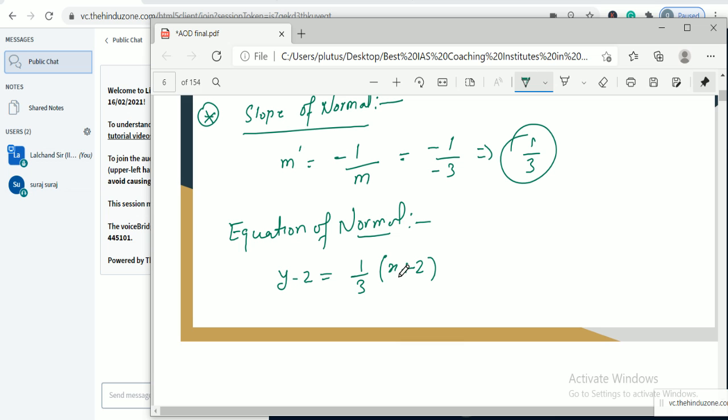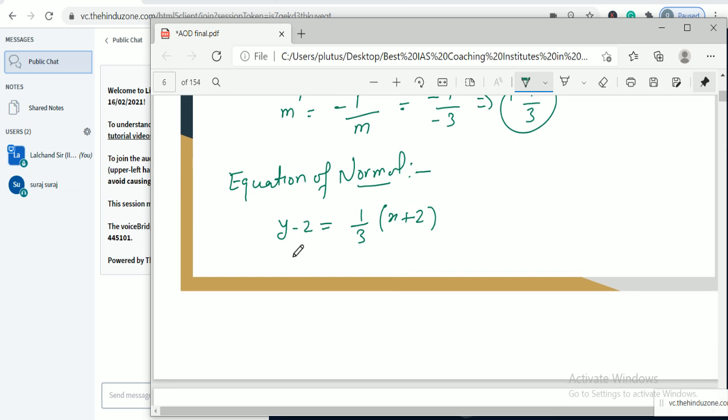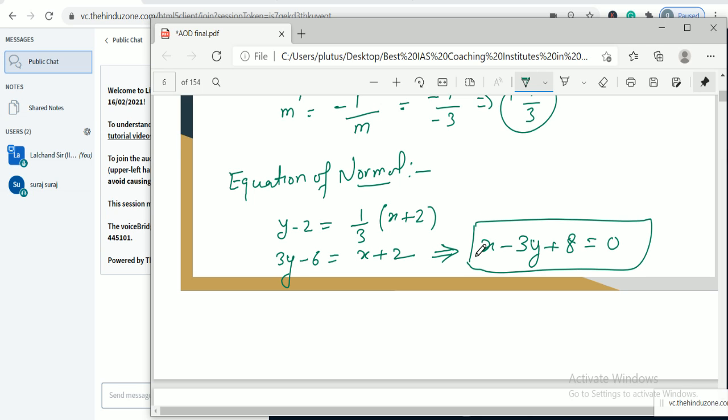If we simplify this, multiply by 3, 3y minus 6 equals x plus 2. Then if you take everything to this side, x minus 3y plus 8 equals 0. Okay, this is the equation of normal.